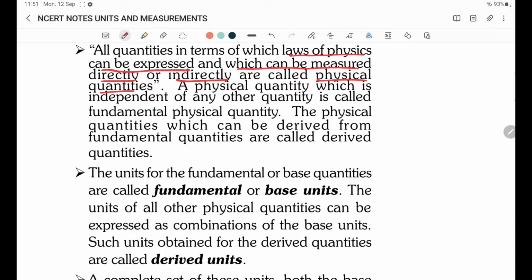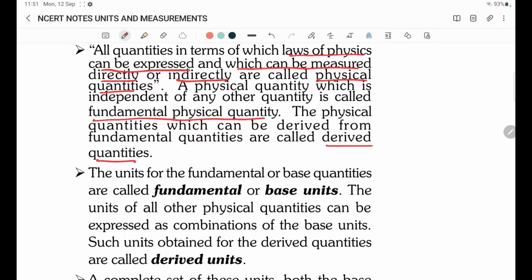A physical quantity which is independent of any other quantity, so it does not depend on any other physical quantity, is known as a fundamental physical quantity. And the physical quantities which can be derived from fundamental quantities are called derived quantities.